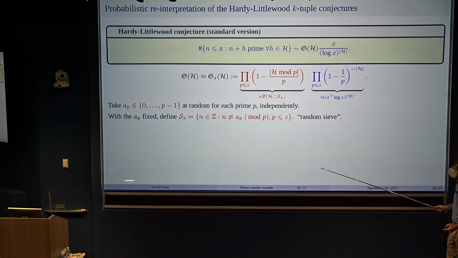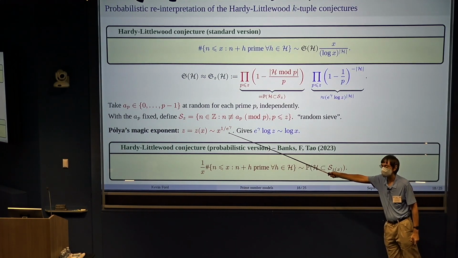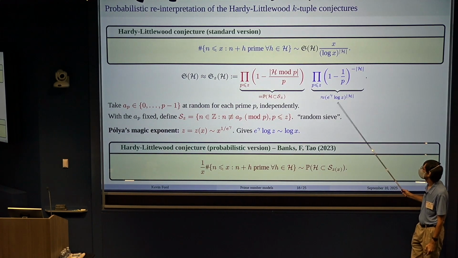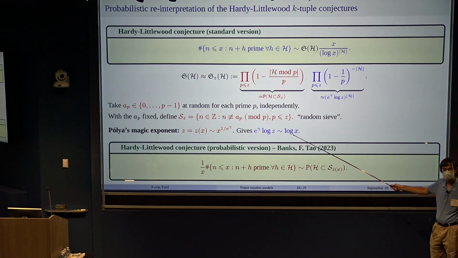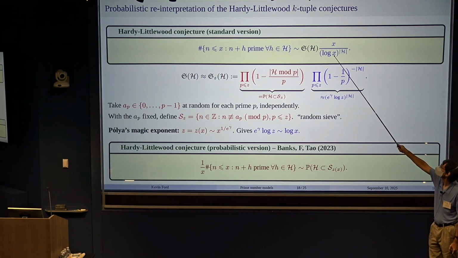Now we reintroduce Polya's crazy magic idea, which is to choose z to be around x to the 1 over e to the gamma. Then this factor here, e to the gamma log z, is very close to log x. And this factor neatly cancels out the denominator here.